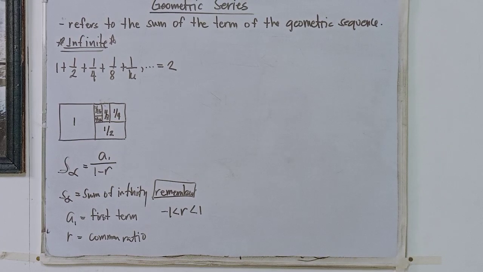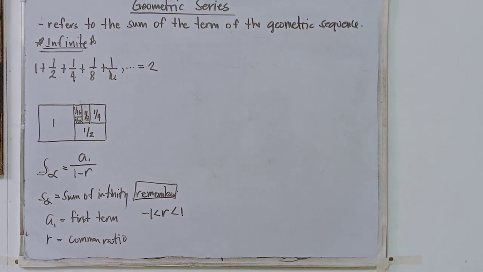So the formula for the infinite geometric series: the sum of infinity is equal to a sub 1 over 1 minus r. By definition, this is the sum of infinity. A sub 1 is the first term, r is the common ratio.